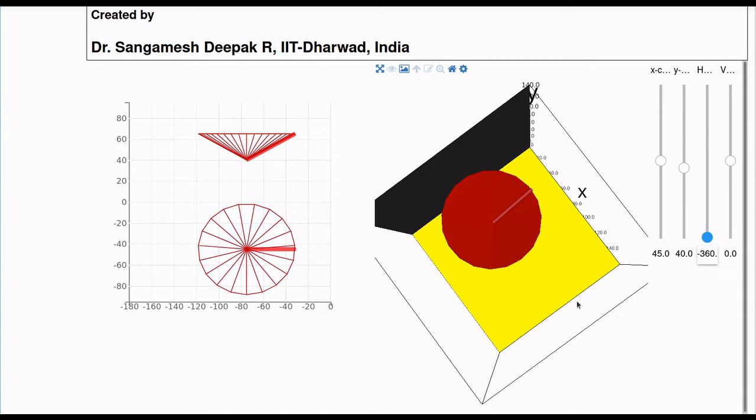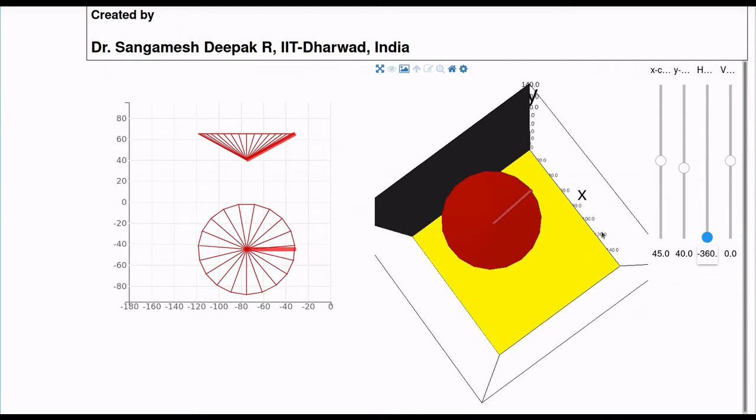And if you get to know in a straightforward manner how much to rotate, well and good, you can rotate.